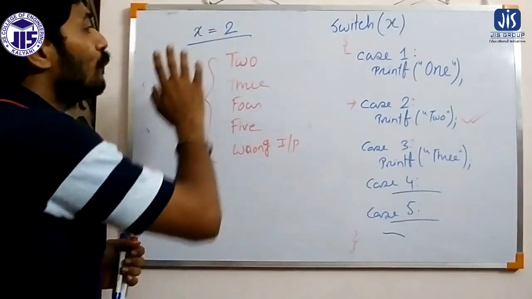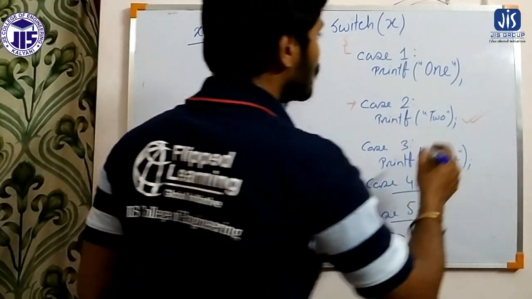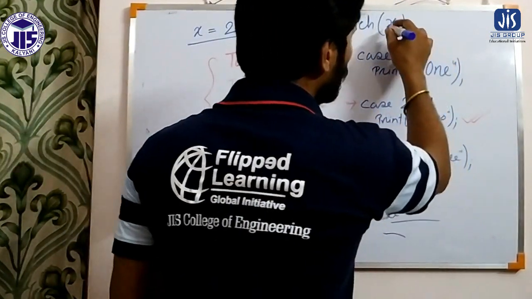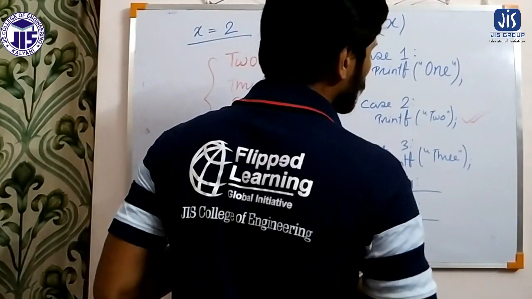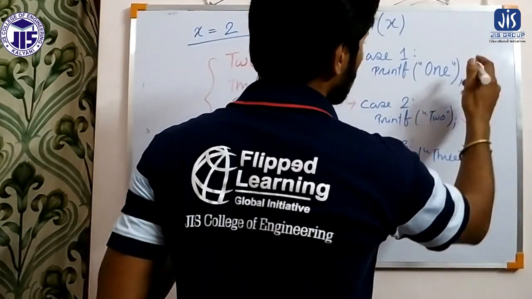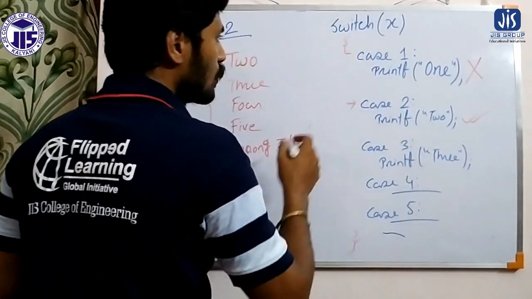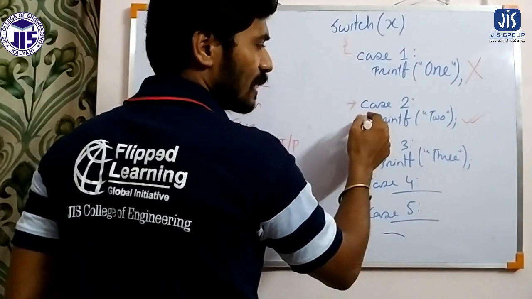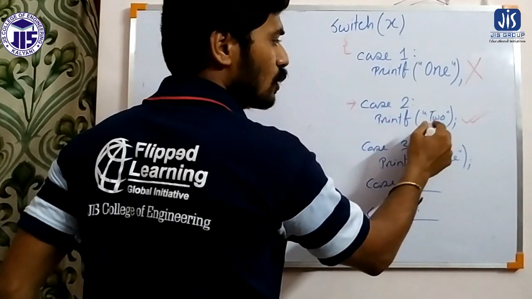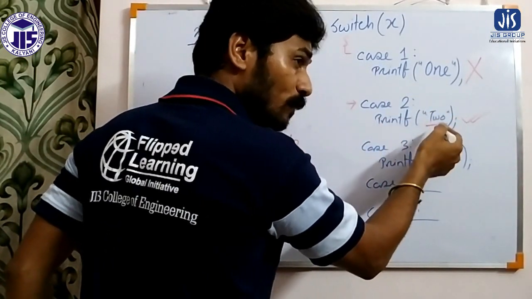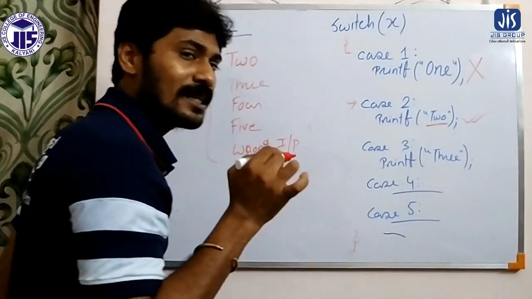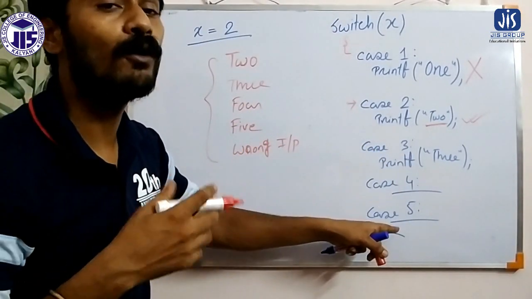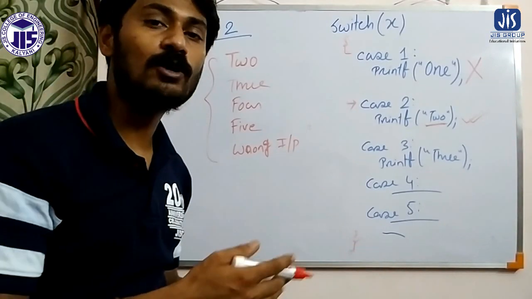So when the value of x is 2, it will verify case 1, and the case value is wrong, so this printf statement will not get executed. Okay, so it will skip. Then it will come to this case and find a match, so this will execute. But from there it will start, and all the following cases it will execute one by one.